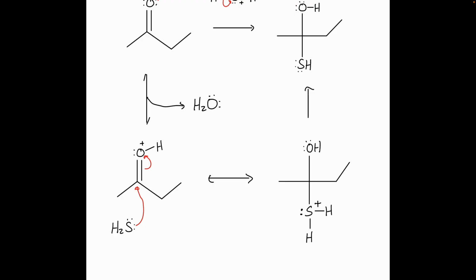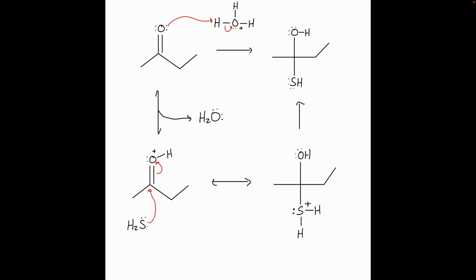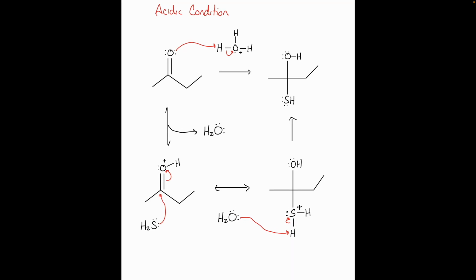Our base, a weak base, water, can deprotonate that thiol, jumping that pair of electrons onto our sulfur. And again, we see that we have more steps in our acidic condition mechanism because we use these proton transfer steps here to manage our charges. Same product though.